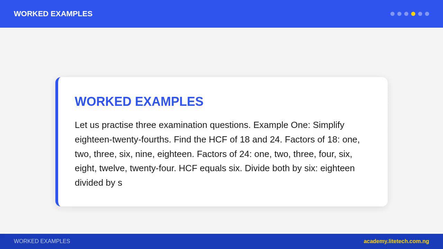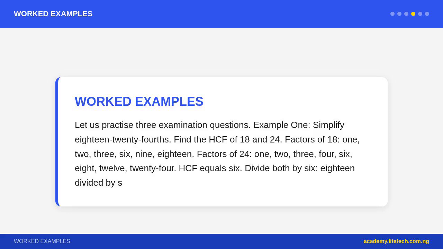To convert a mixed number to an improper fraction, multiply the whole number by the denominator, add the numerator, and place the result over the original denominator. Example: 3 and 2/5. 3 times 5 equals 15, 15 plus 2 equals 17. Result: 17/5. Let us practice 3 examination questions.